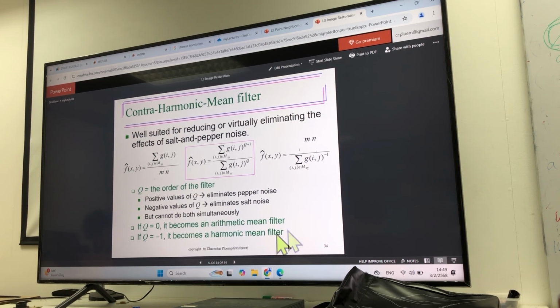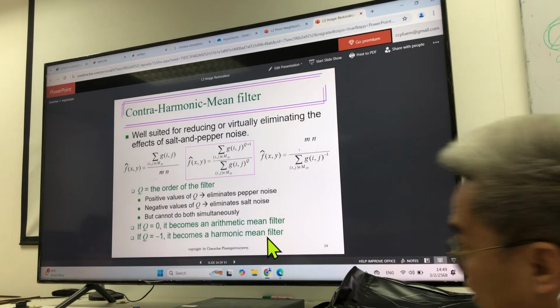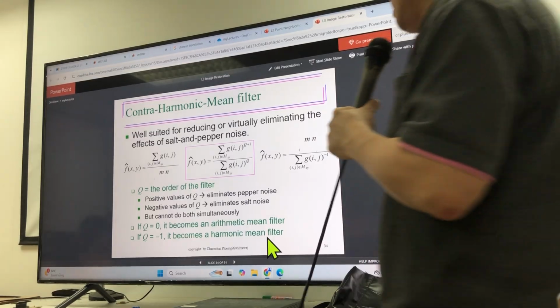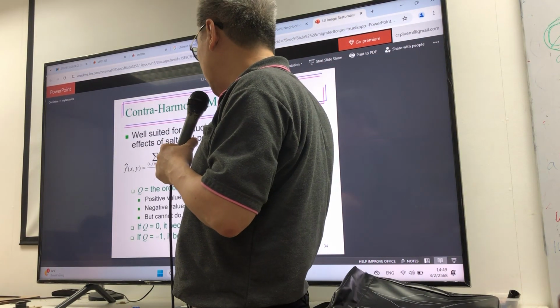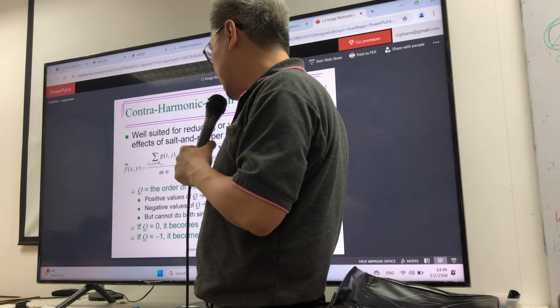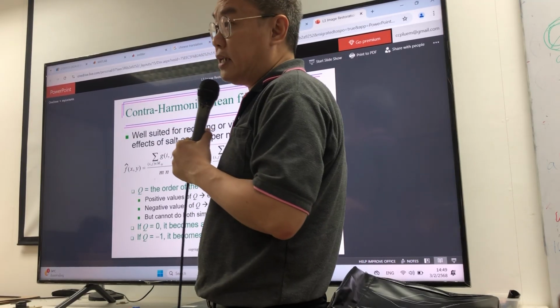So it becomes the harmonic mean filter. That's why this is called contra-harmonic mean. It's the cross between the arithmetic mean and the harmonic mean. It could be arithmetic mean, it could be harmonic mean.